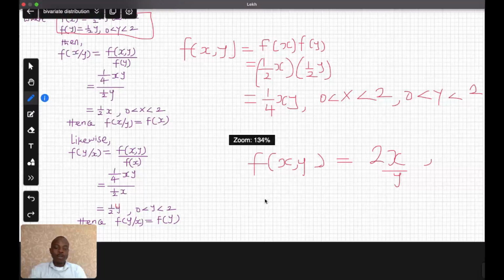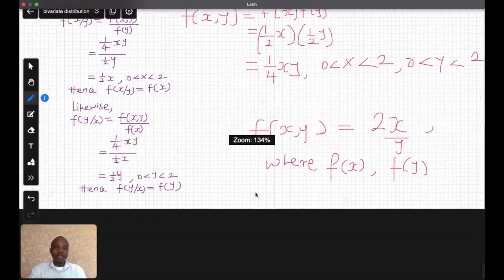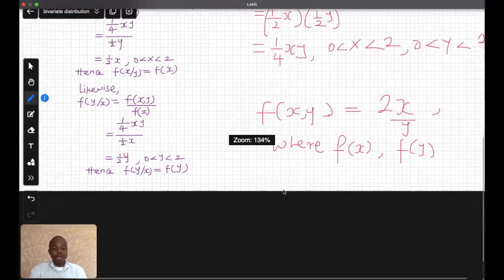Then maybe you are told that f of x equals something and f of y equals another thing, given the range and everything, then you are asked to determine if they are dependent, or to determine if they are independent.